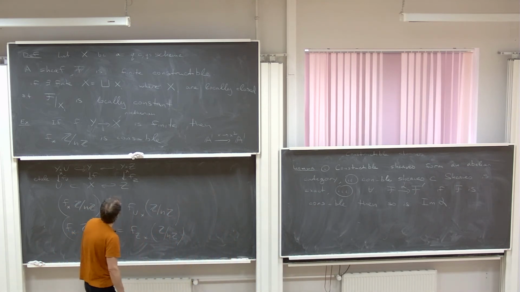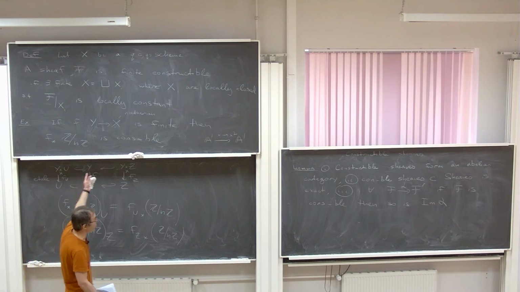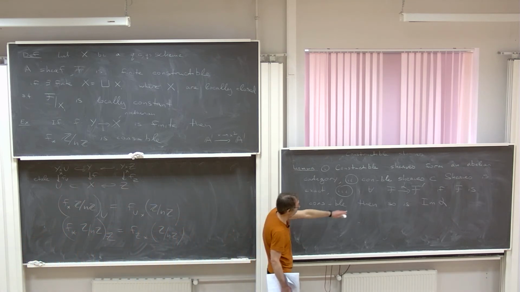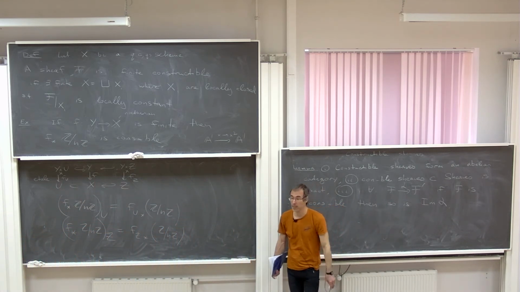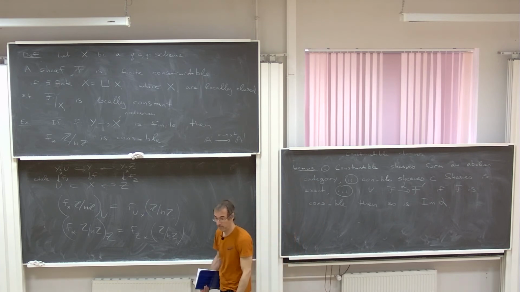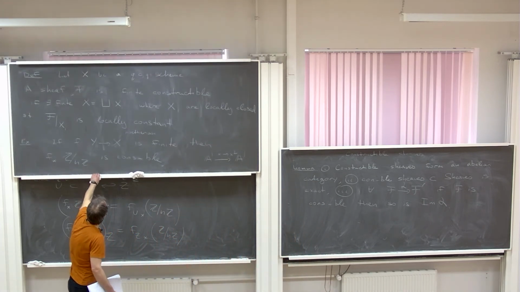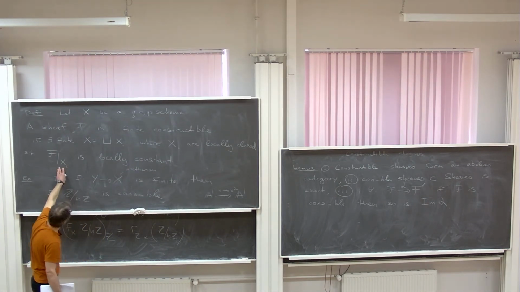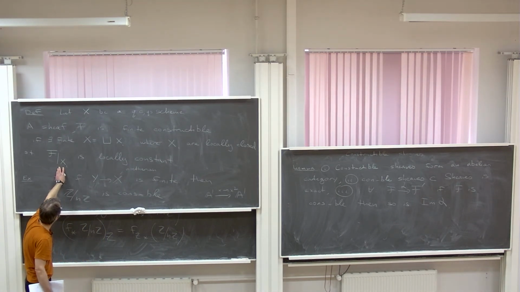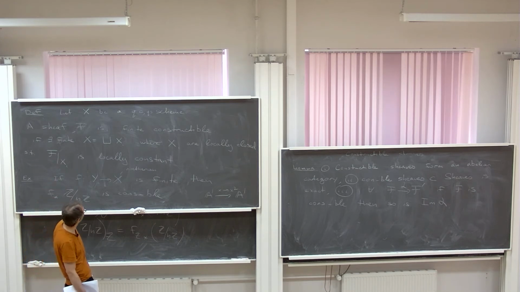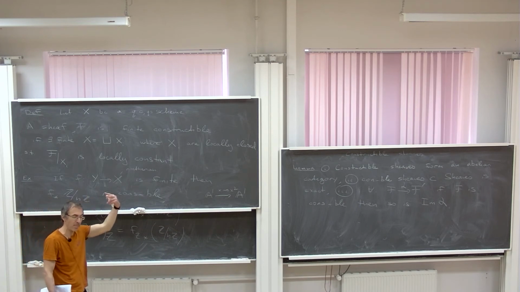Well, you reduce to the following. You need to show that any quotient of a constructible sheaf is again constructible. And since the restriction functor, this functor i inverse, is exact, we are reduced to showing that any quotient of a local system is again a local system.